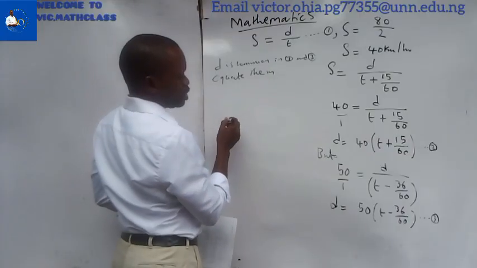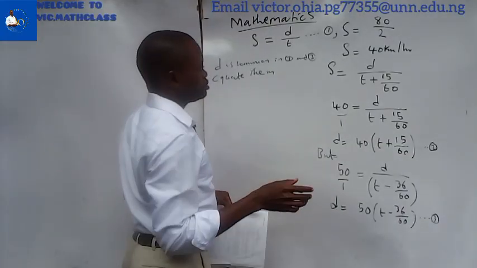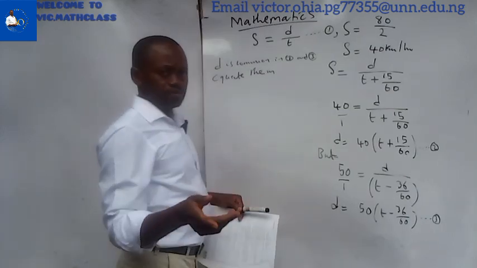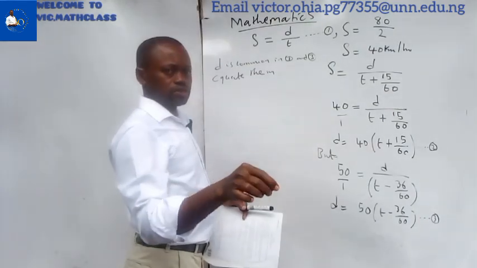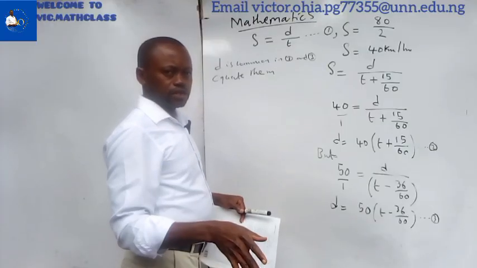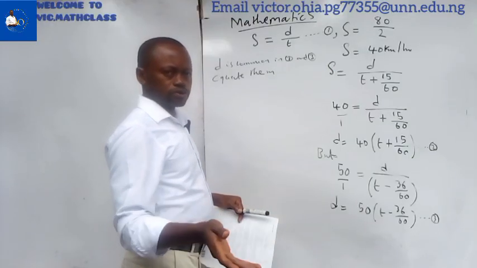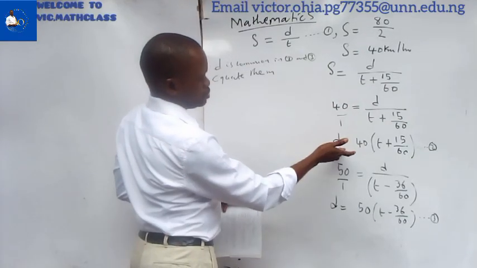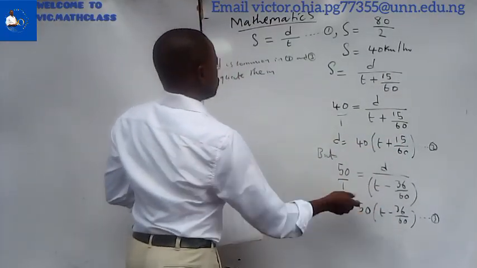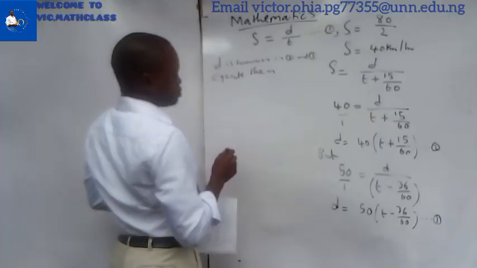If we equate them, I believe you know why. It's a very simple logic. If 5 plus 5 is 10 and 4 plus 6 is 10, then 5 plus 5 is logically equal to 4 plus 6. So if this is this and this again is this, then they are equal. It's a logical conclusion.